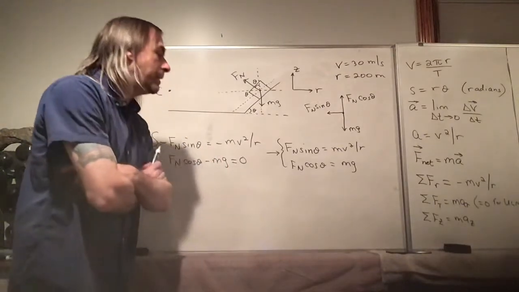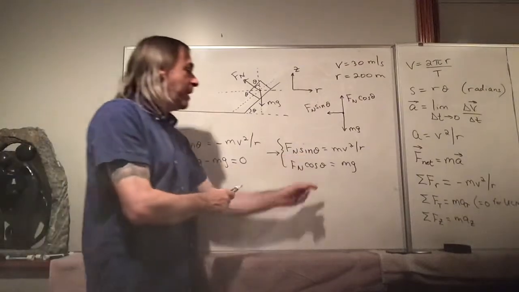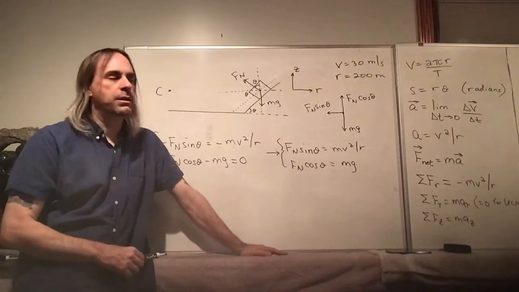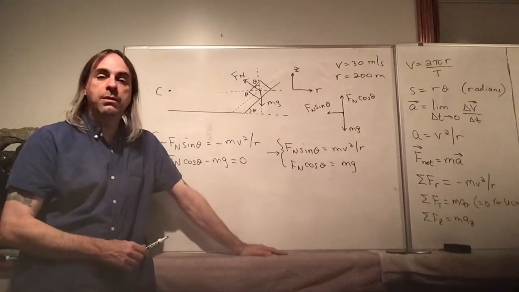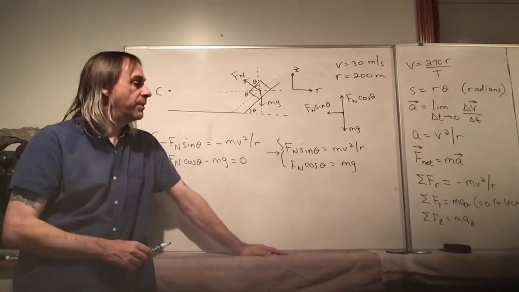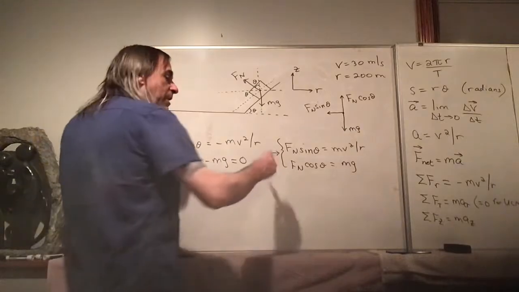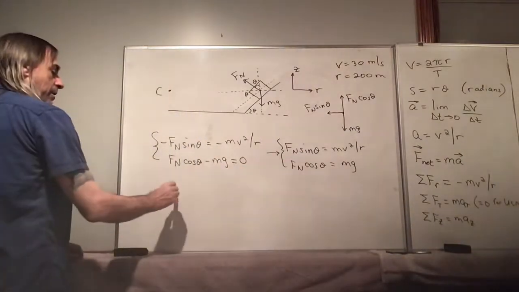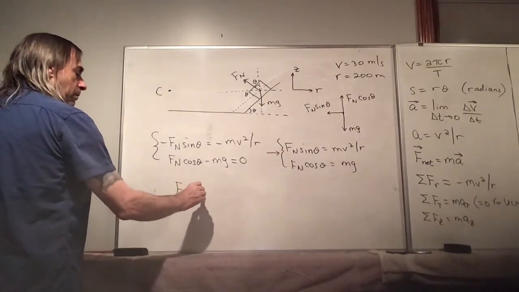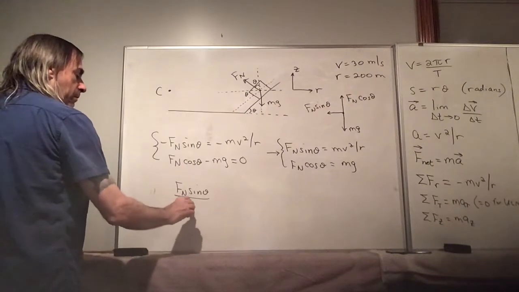Now that might look a little difficult here because we have sine of theta and cosine theta. There's various ways we could solve this, some fairly complicated. There's one very trivial way to solve this, though, where we can basically do it in one step. Let's divide these equations. Let's take Fn sine of theta and divide by Fn cosine theta.